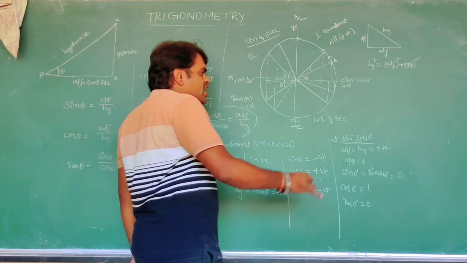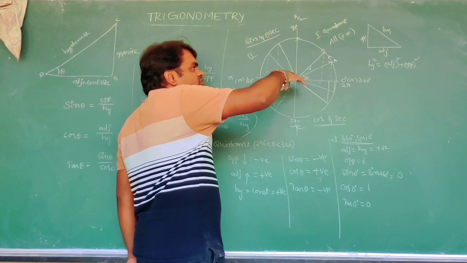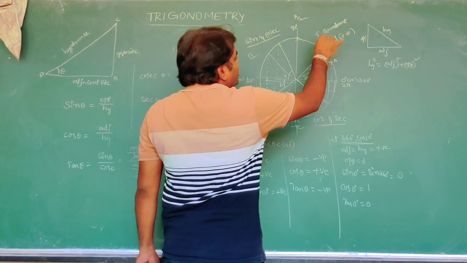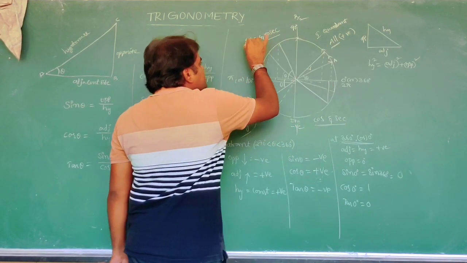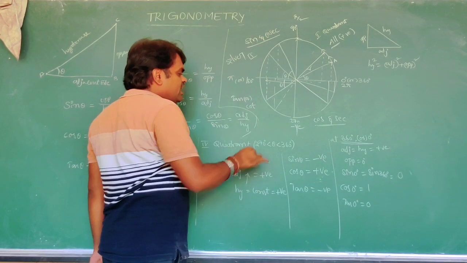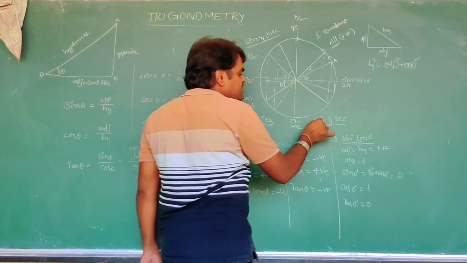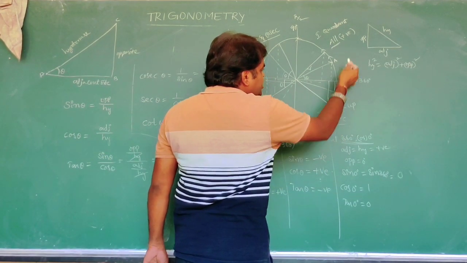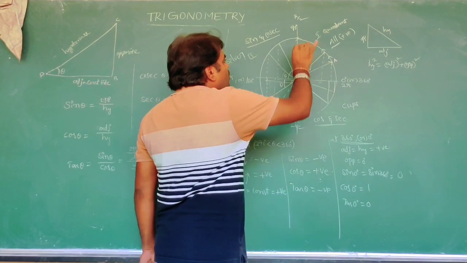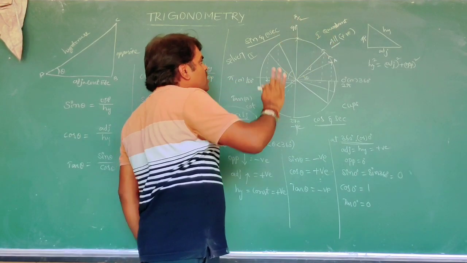In the fourth quadrant, cos and secant are positive. Remembering this is very easy: All Silver Tea Cups. All means all trigonometric ratios are positive.